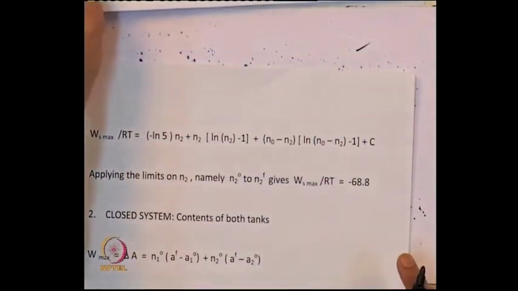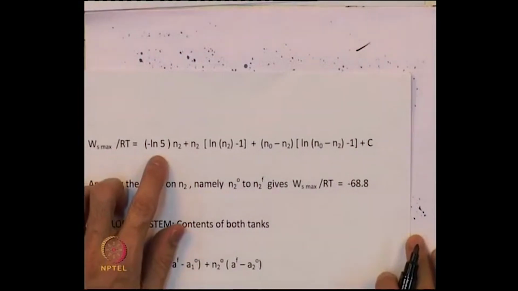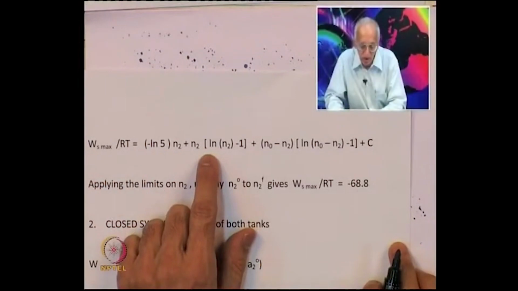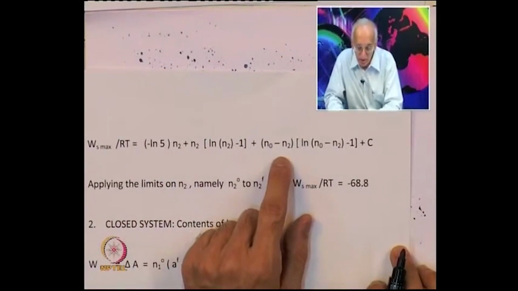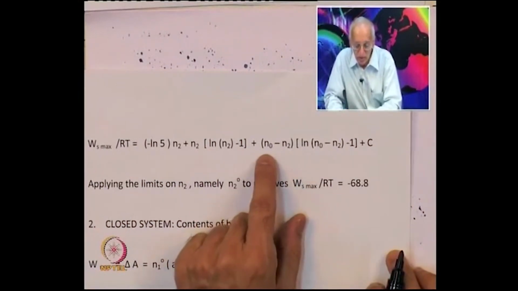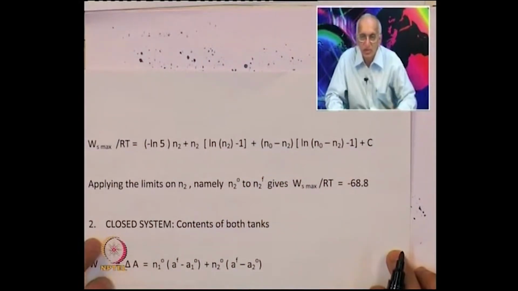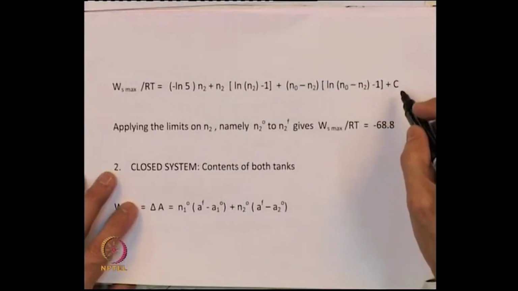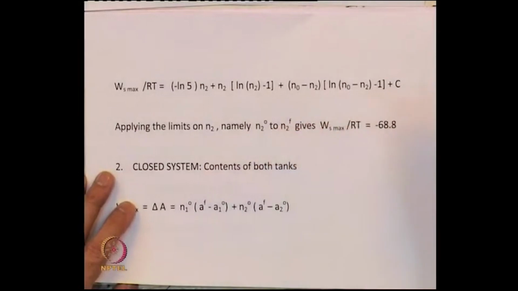You can carry out this integration and you get Ws max by RT is equal to minus log 5, the first term into N2 plus log N2 dN2 will give you N2 log N2 minus 1, and then N0 minus N2 dN2 will give you N0 minus N2 log of N0 minus N2 minus 1. So, you get this expression for the work done plus a constant of integration, but you are applying this between N20 and N2f.